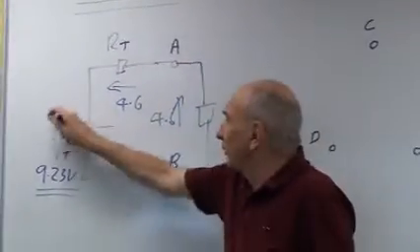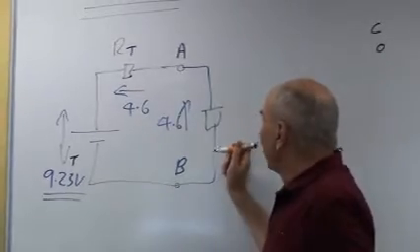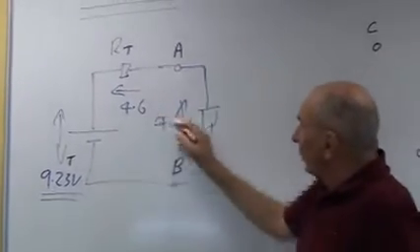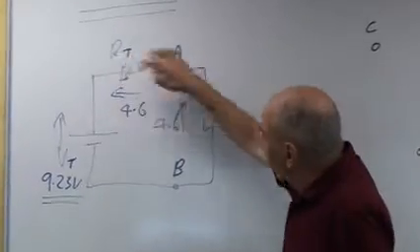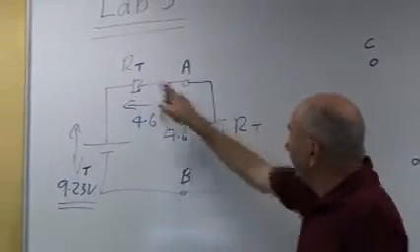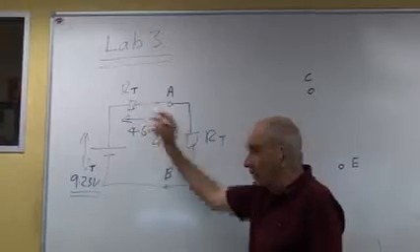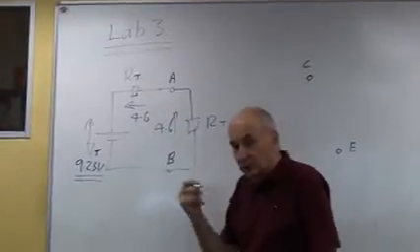So altogether you can say 4.6 plus 4.6 equals 9.2. If those two voltages are equal, they're dividing the voltage equally. That resistance must be the same as RT. That's why we get half. Half there, half there. They've got to be equal. So that's a result for us.